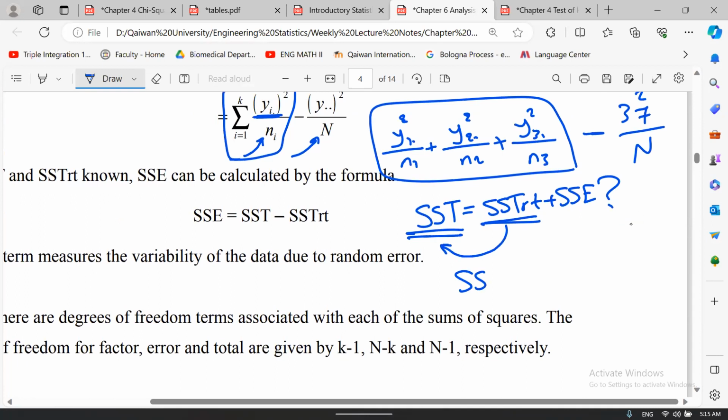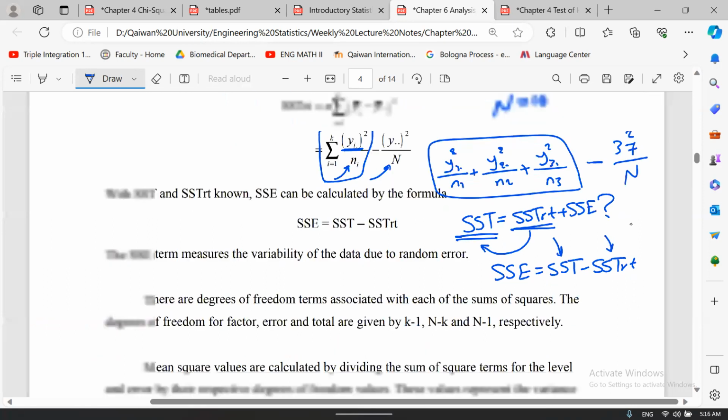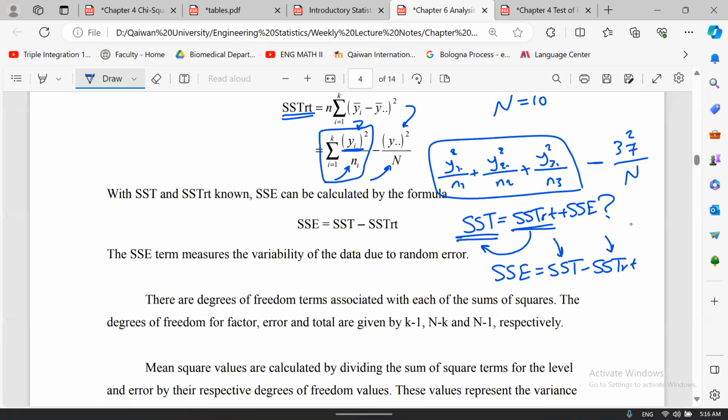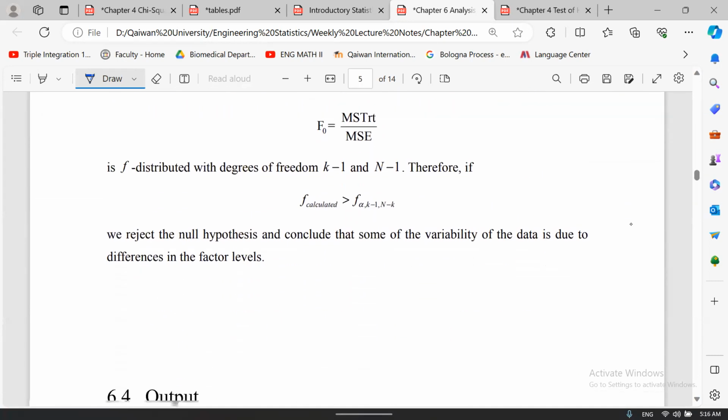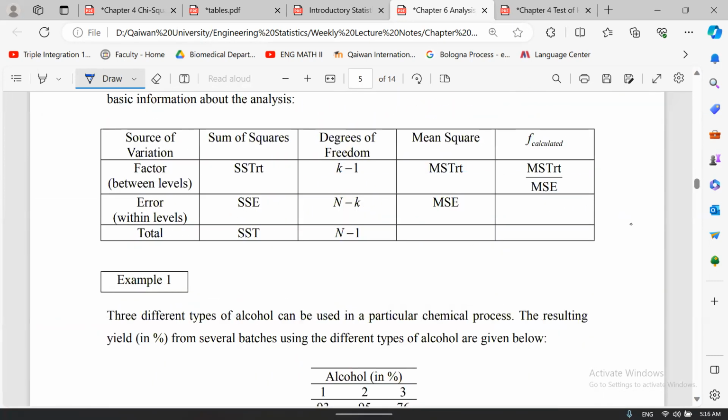SSE is SST minus SSTRT. We found these two; subtract SSTRT from the total, SST, and we get SSE. After finding these three things, try to make this table.